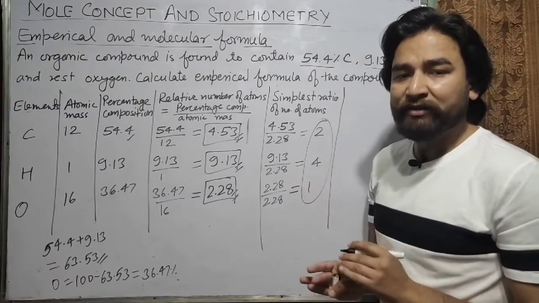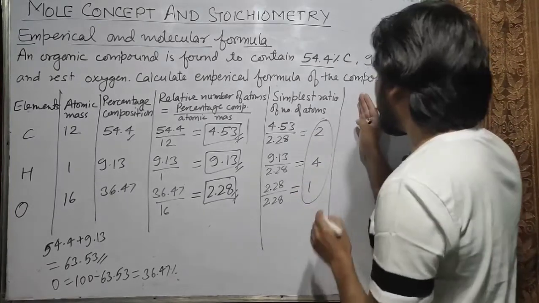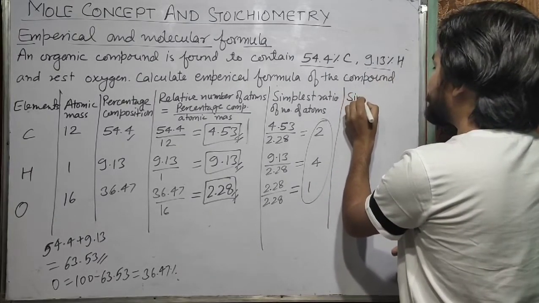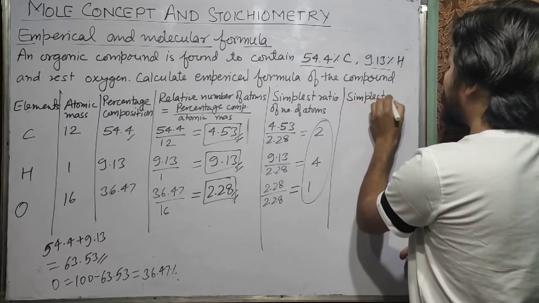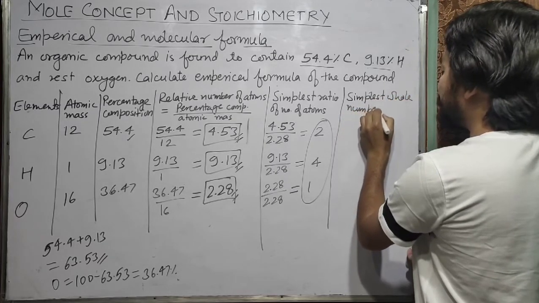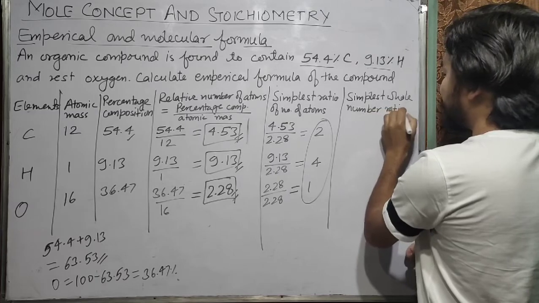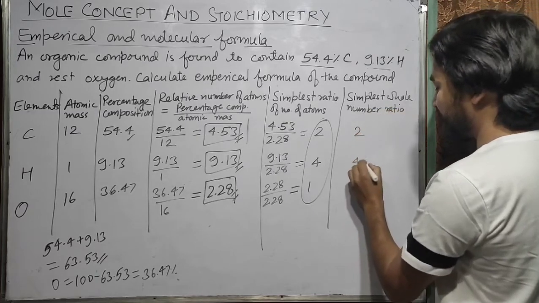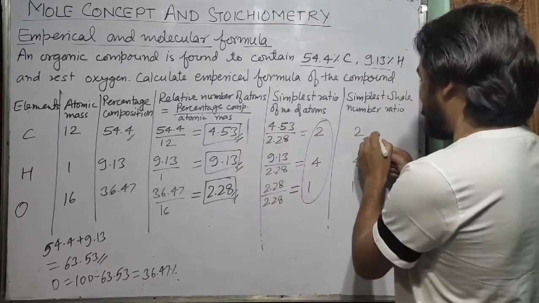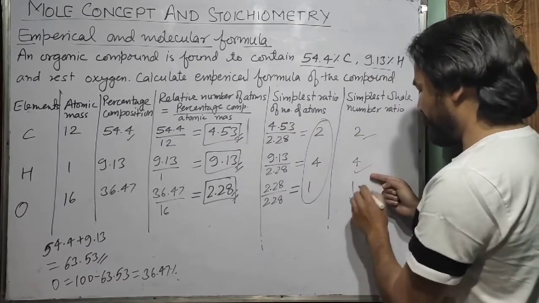If we don't have a simplest whole number ratio, we can make a column for it, but we already have it. So we can write down the simplest whole number ratio, that is 2:4:1. Now the ratio of number of atoms: carbon 2, hydrogen 4 and oxygen 1.